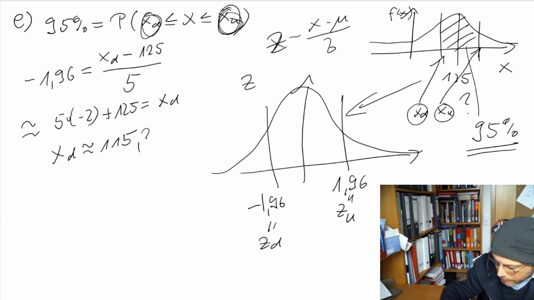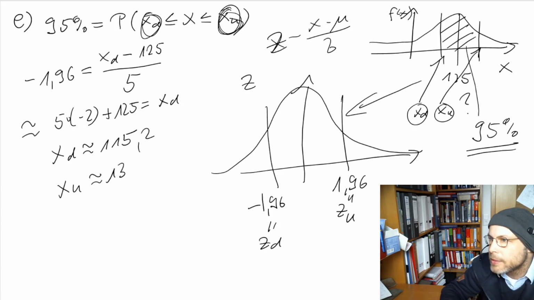Great, you are better than me. So we do it exactly. And then, of course, the other way around, we are symmetric. So we get this to 134.8. Great.